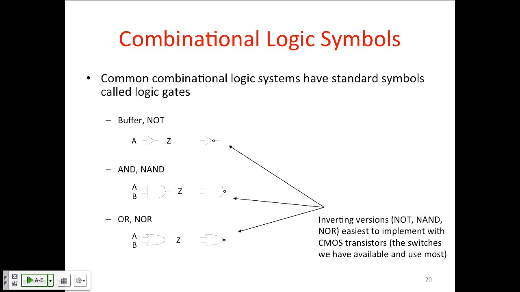And the P-types are the thing connecting you to the plus 1 volt rail. So when the input's a 0 is when the pull-up network is connecting you to a 1. And similarly, when the inputs are a 1, you turn on the N-type transistors, which are in the pull-down network. So when the inputs are 1, you're being connected to the 0 volt rail. That's why the inverting versions of these gates are the natural things to build, right? So inputs come in as a 1, the outputs tend to be a 0, right?